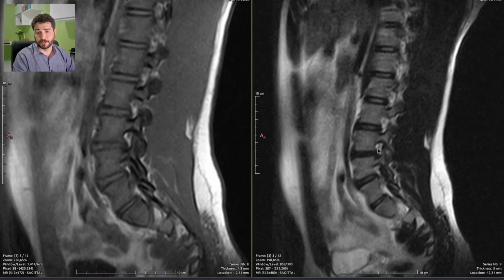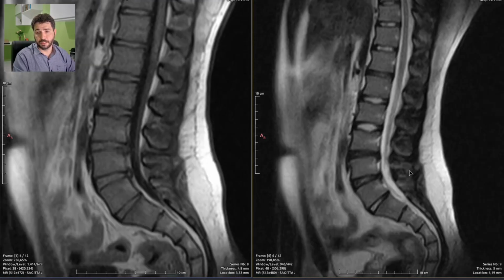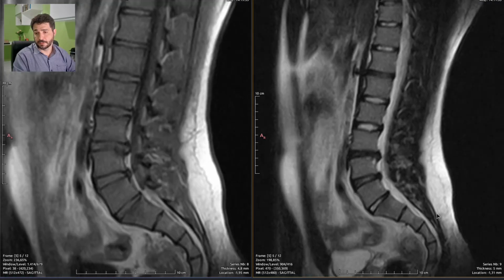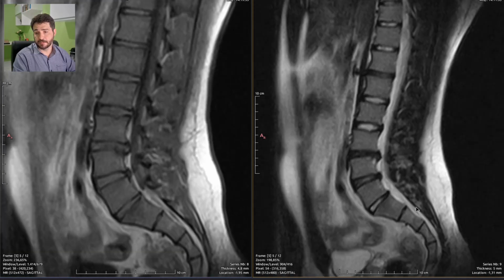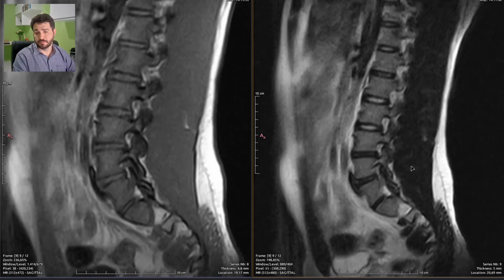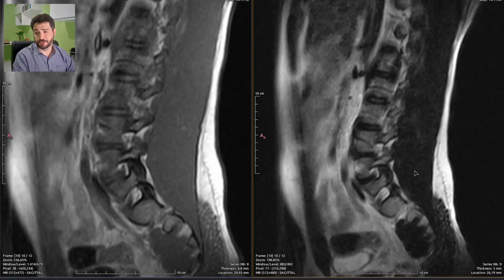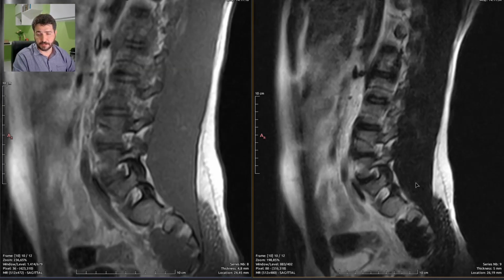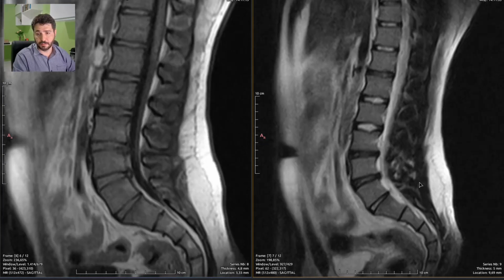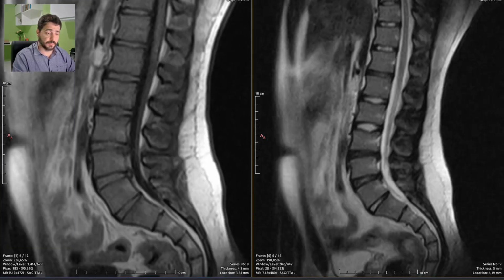They reach the neural foramina and they cause some disturbance on the spinal sac, the dural sac. This is painful as it is. Also, there is probably some kind of bone edema, which is degenerative in nature. Also, we can see there is degenerative disease on the facet joints, but there isn't much stenosis.